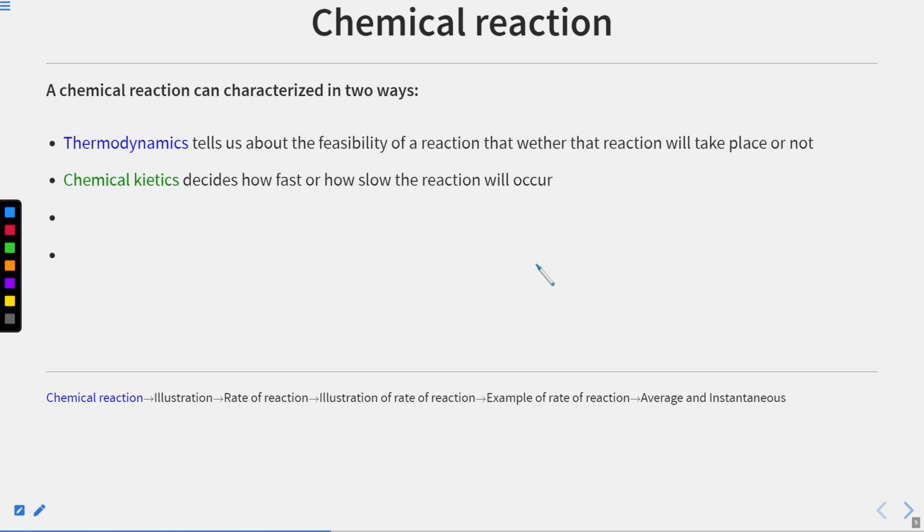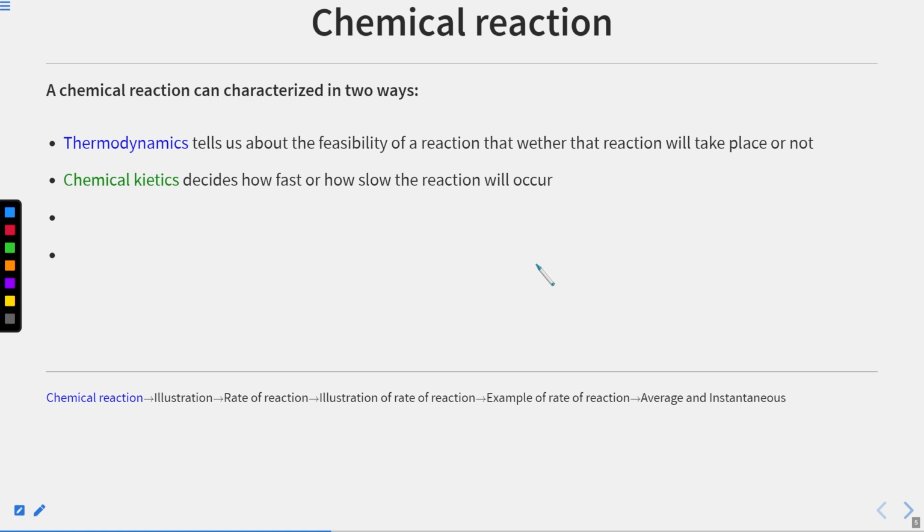So in that case, we will say that this reaction is feasible. This is done with the help of thermodynamics. We have studied in class 11th what is thermodynamics and how it helps to predict the feasibility of reaction. There we have seen the Gibbs free energy, which says that if the value of the Gibbs free energy is negative, then the reaction is feasible.